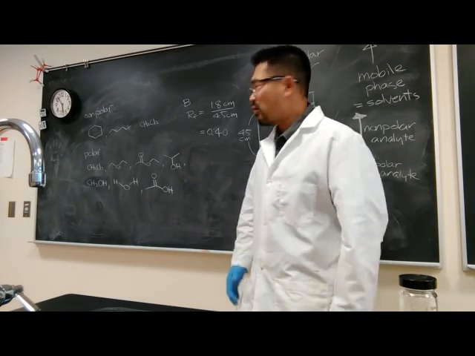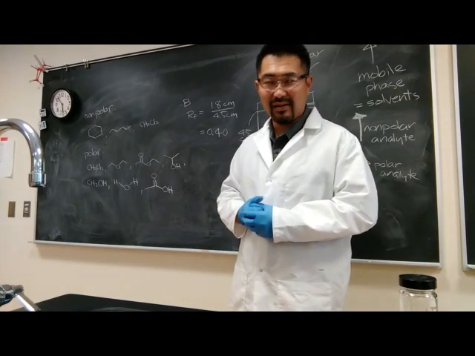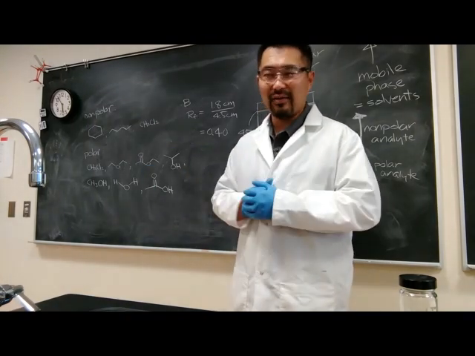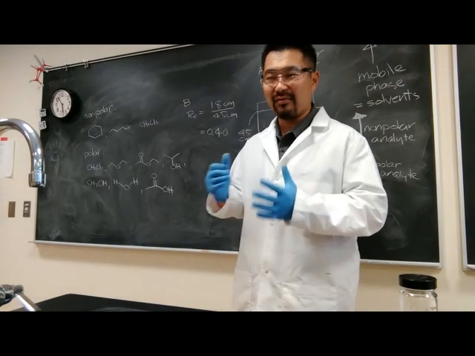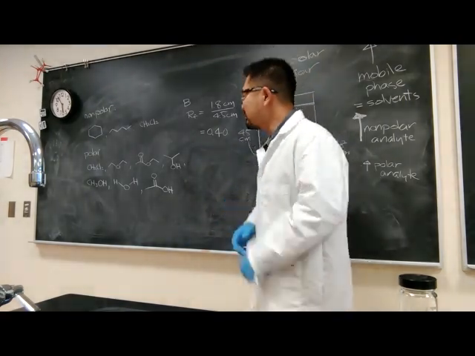Like in this case, what would be the ideal mobile phase choice? That is not spelled out for you in the lab manual, so that is not known to you, and I want you to have an opportunity to figure that out through experimentation.